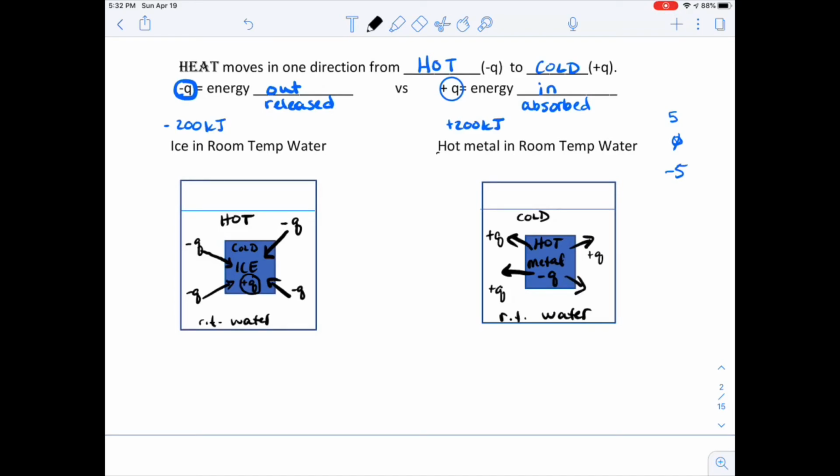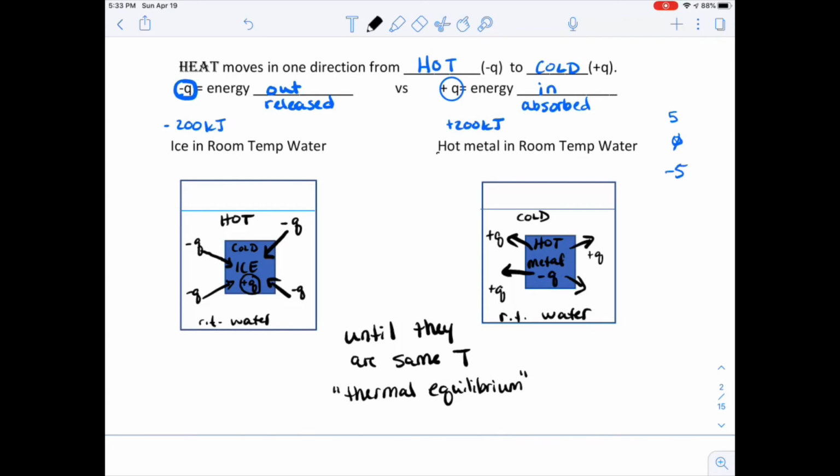And it's going to keep doing that in both cases until each system reaches the same temperature. And we call this thermal equilibrium.